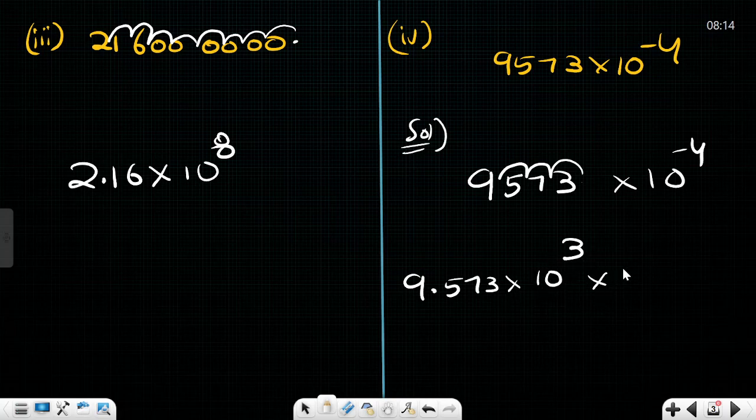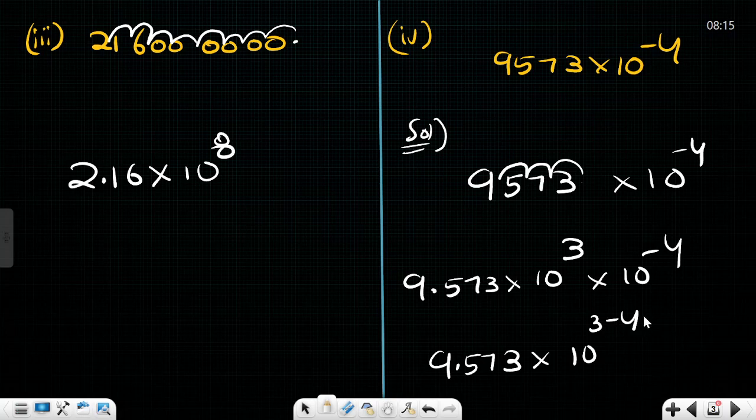So into 10 power 3 into 10 power minus 4. That is 10 power 3 minus 4. 10 power A and 10 power B is 10 power A plus B. So 10 power 3 minus 4 is 10 power minus 1. This is your standard form.